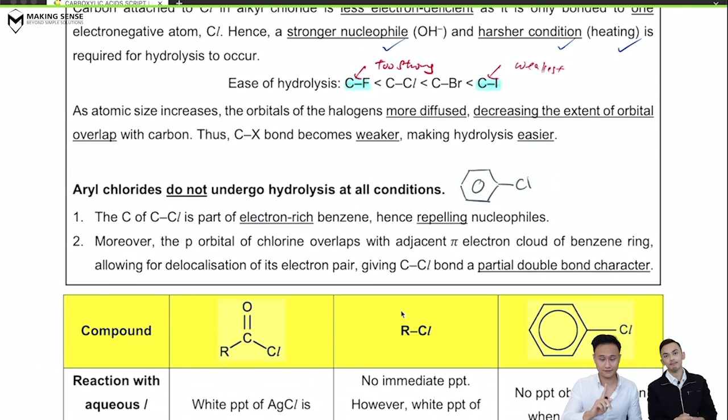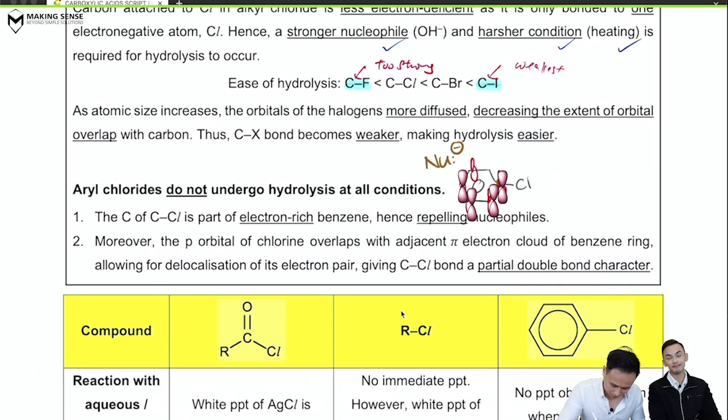Now there are two reasons why aryl chlorides do not undergo hydrolysis with OH minus or water. Mr. William, remind me, if a nucleophile tries to come in to attack this carbon, can I say that this carbon is electrophilic? It's not exactly electrophilic, no. Because this carbon is part of your benzene ring, and the benzene ring has 6 pi electrons.